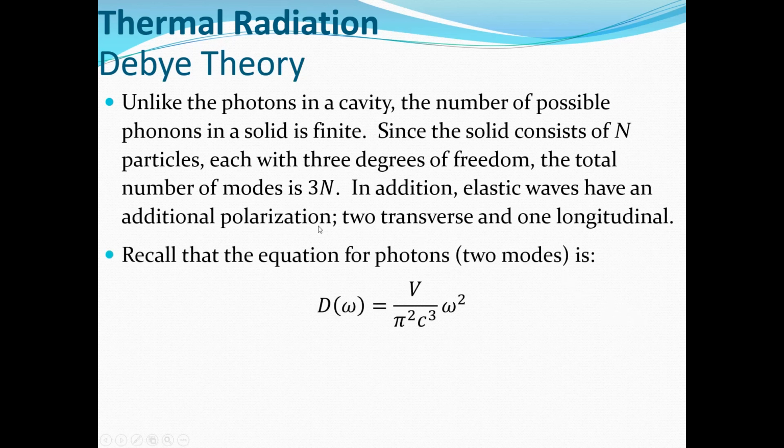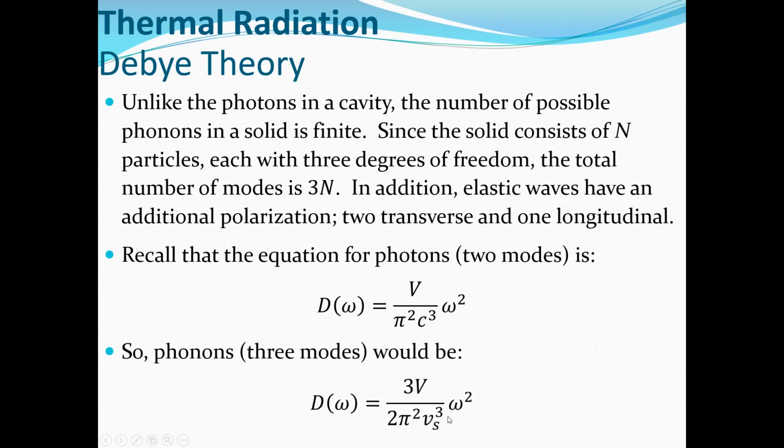If you remember that density equation that we had for the photons was equal to this, and this was for two forms of polarization, two modes. But for phonons, which have three, it's going to be equal to this. So some slight differences: it's now three halves instead of one, and we're changing the c into v_s, which would be the speed through the solid.